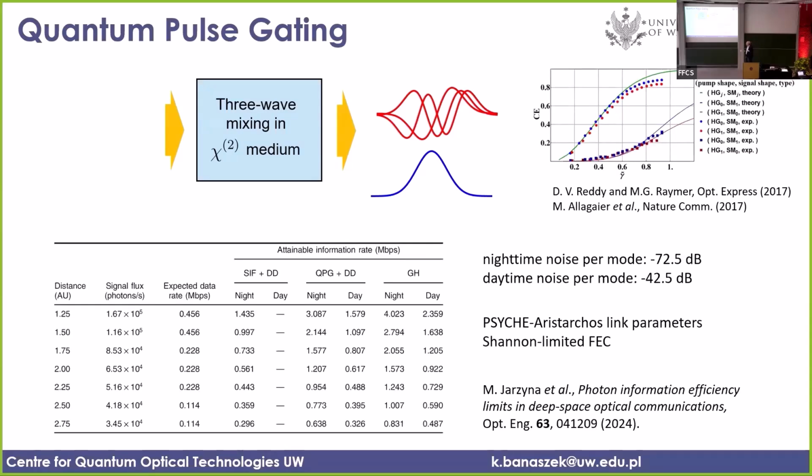This technique is maturing, and we did some estimates telling us that in principle, using this mode selective photon counting, we could push information rates, for example, for the psyche emission, but also it should enable daytime operation because of this much better mode selectivity.